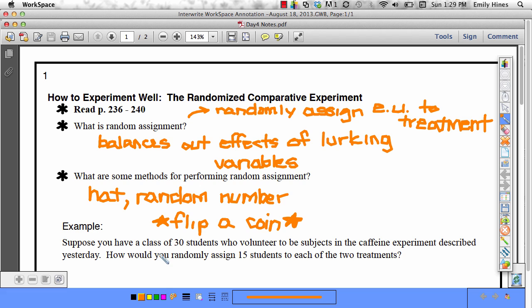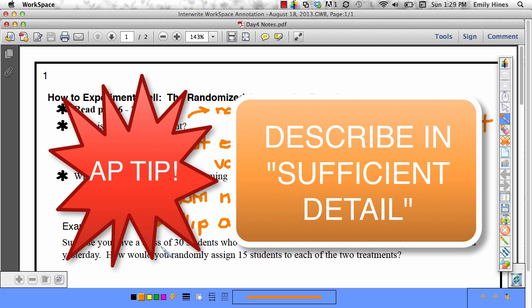But I will give you an AP tip. People lose credit on the AP test for not describing how they assign the treatments. You need to be very specific. The actual scoring is sufficient detail. You must give sufficient detail for someone to recreate your process.